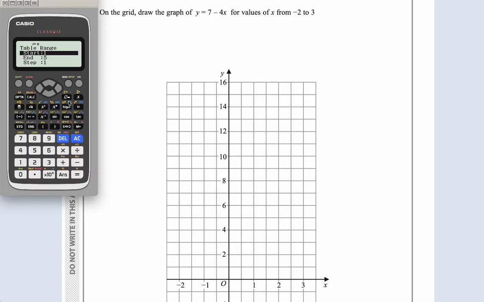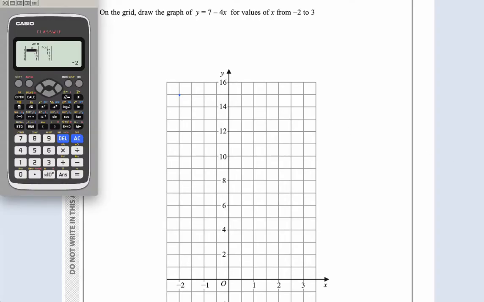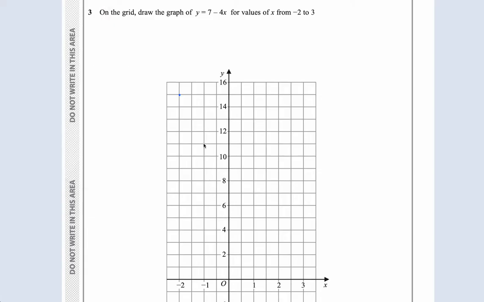My start range is, he only wants to go from -2 to 3. So I put in -2 to 3. My step length is 1. And then I can put in these values. So -2, 15 goes here. This is -2, 15. -1, 11. So I can put in 11 here.